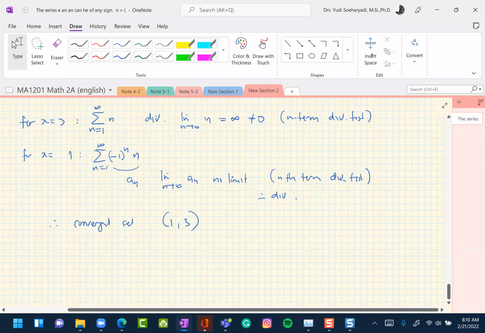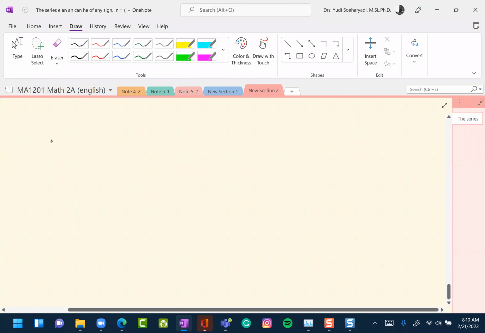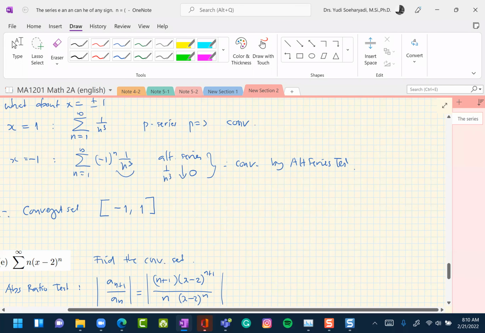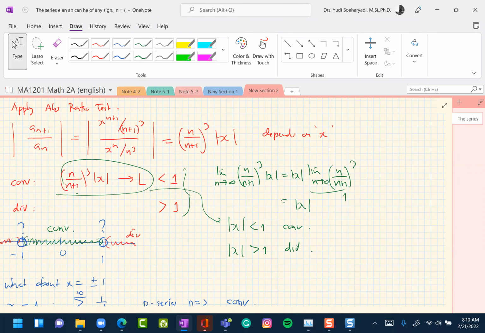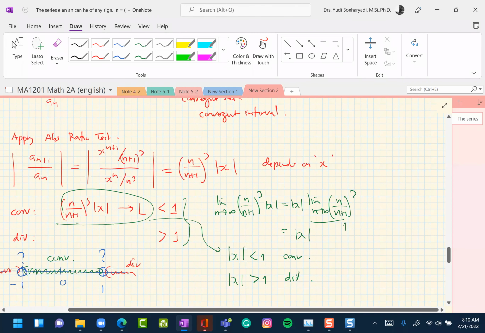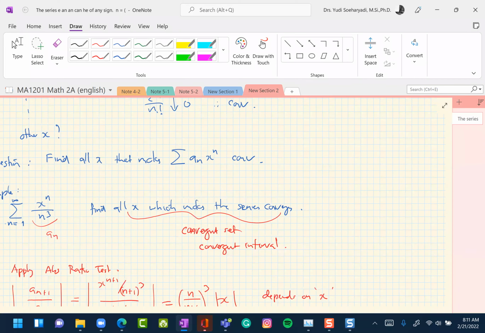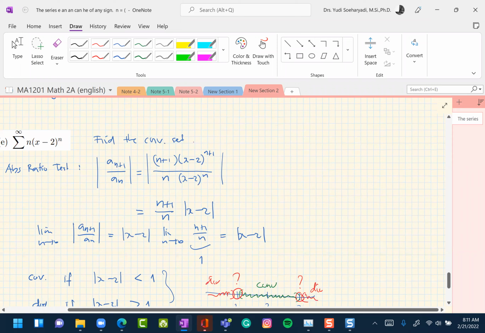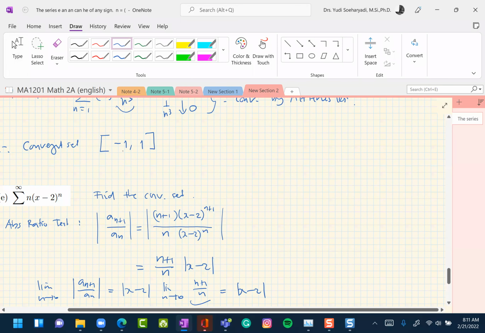Okay, so let's go back to our notes. You see, we call this A, like this one. Just write this down. The convergence set is always somehow symmetric.